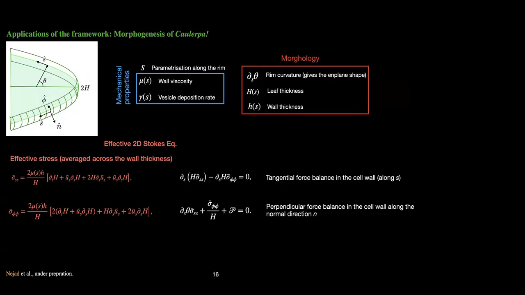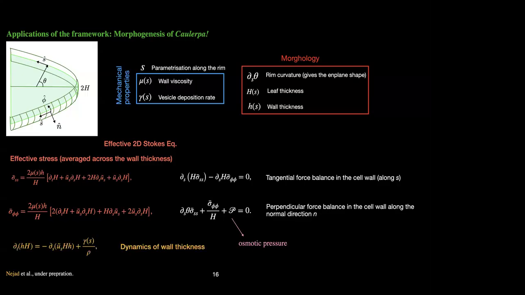And the effective force balance perpendicular to the rim has a pressure term in it. It's an osmotic pressure, a pressure difference inside the plant and outside. It's because it has organelles and nuclei inside it, so there is a bigger pressure inside. And whenever the wall is fluid, the viscosity is low, this pressure difference is able to deform the shape. And that's where this term comes from.